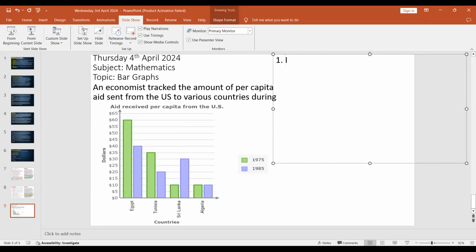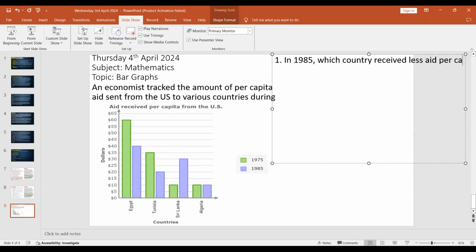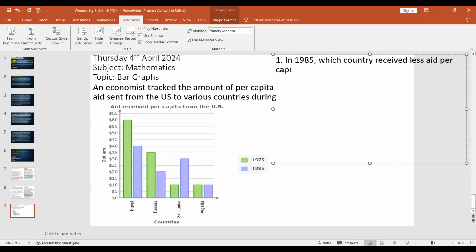In 1985, which country received less aid per capita? Tunisia or Sri Lanka?